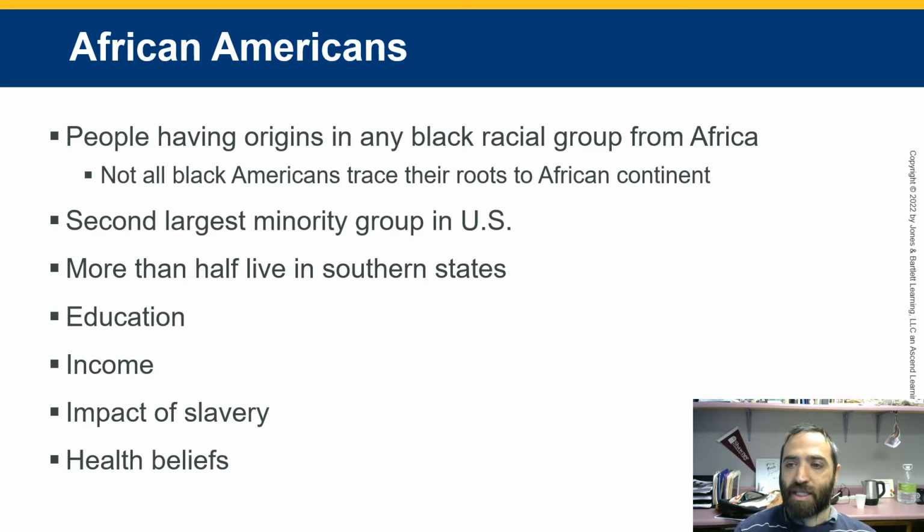In addition to this, there were experiments that were done on African Americans, such as the Tuskegee syphilis experiment, in which some African Americans were purposefully not treated for syphilis, which cemented in many people's minds the idea that the healthcare system cannot be trusted.